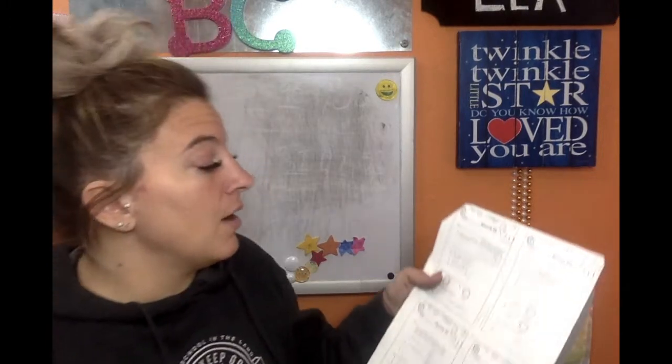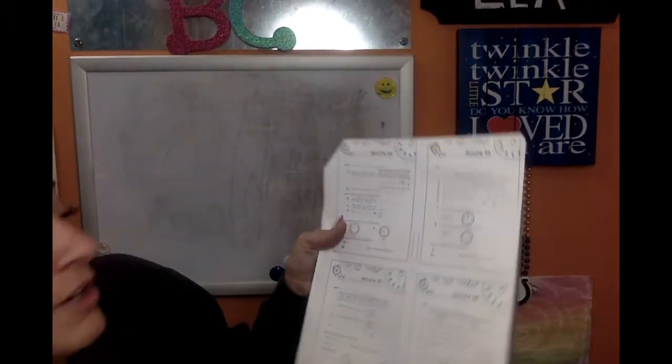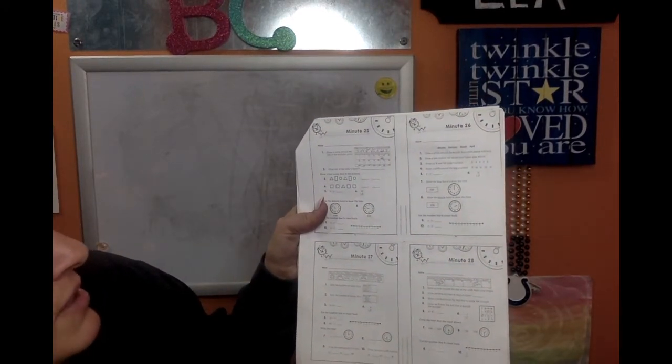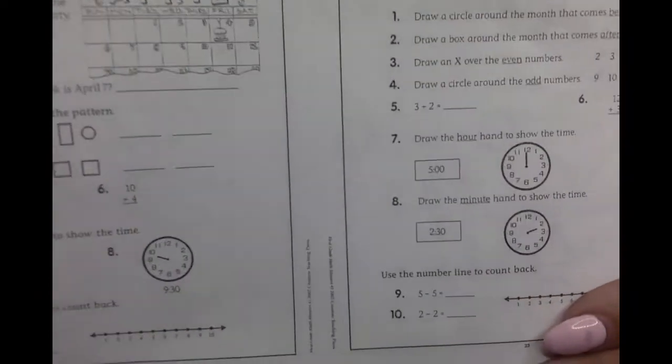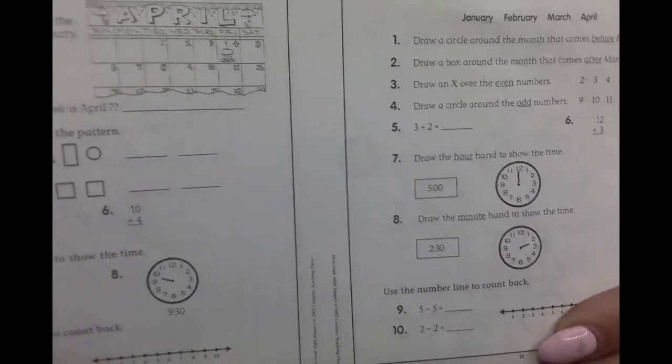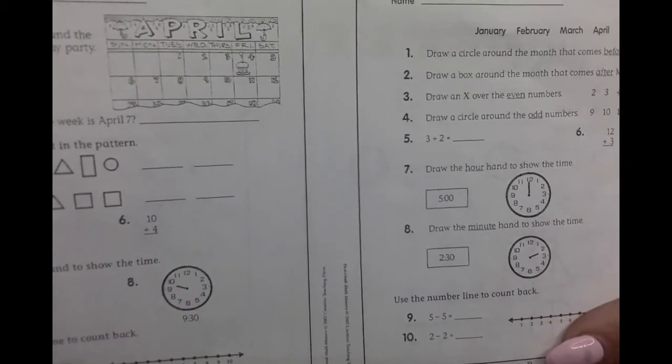Math time. All right, get your packet out. We're at minute 25. All right, here we go. We have a calendar of April up there, and it says draw a circle around the day of the birthday party.